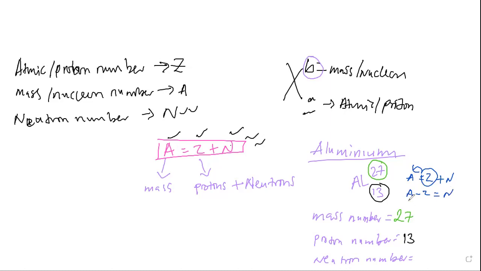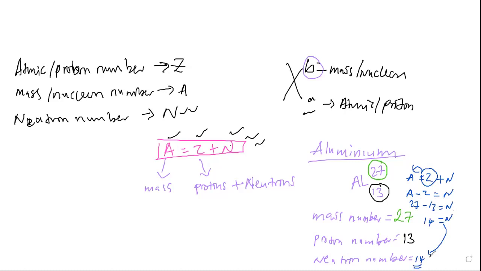Your A you got as 27, minus what is your Z? Your Z you got as 13, equal to N. So 27 minus 13 is 14. So you say 14 equals N. So now get this number and put it there. It gives you 14.